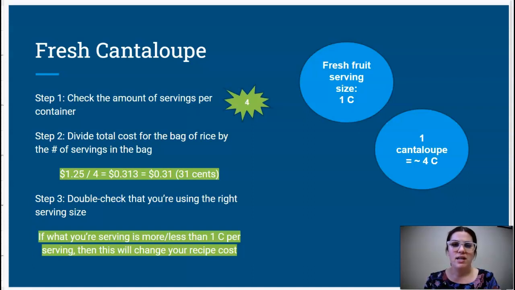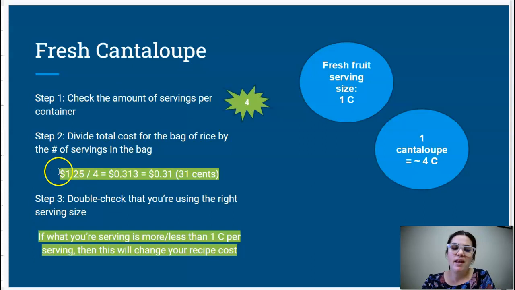And I did a search to find about how many cups of cantaloupe come from 1 average size cantaloupe, and that is about 4 cups. So we're going to say that the serving size is 1 cup, and there's about 4 servings, or 4 cups, from 1 average size cantaloupe. So our servings per container is 4.